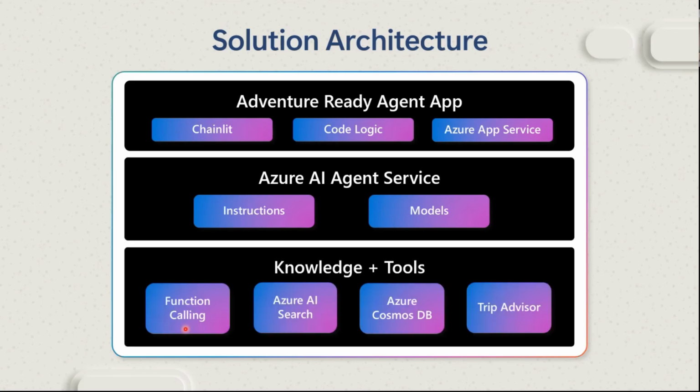And in the back end, you have a lot of knowledge and tools. Right now, in my demonstration, I have function calling and Azure AI Search. I disabled Azure Cosmos DB and the TripAdvisor APIs because I don't want to incur that much cost for this demonstration for now. But for now, we'll focus on these two knowledge and tools.